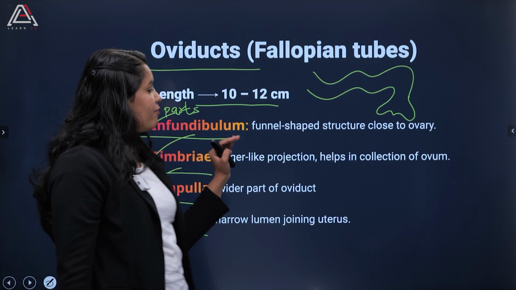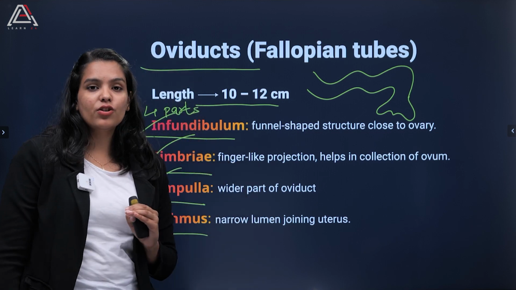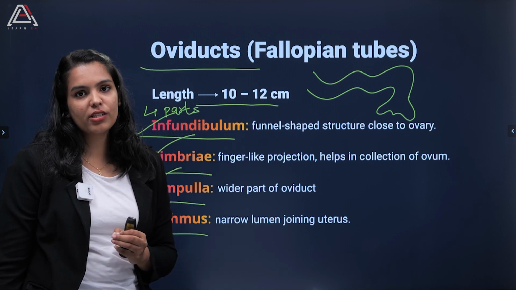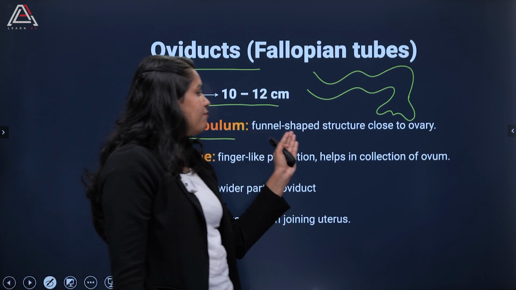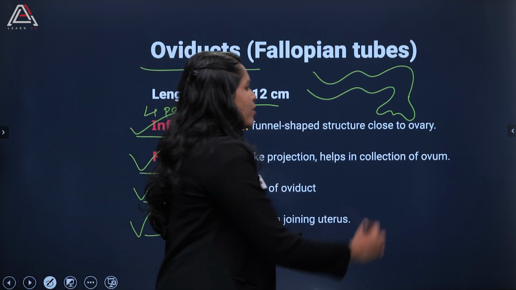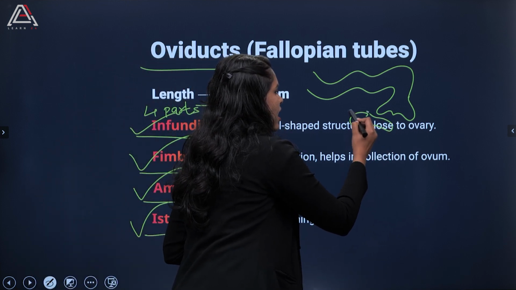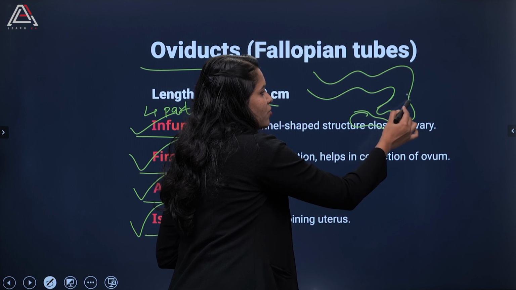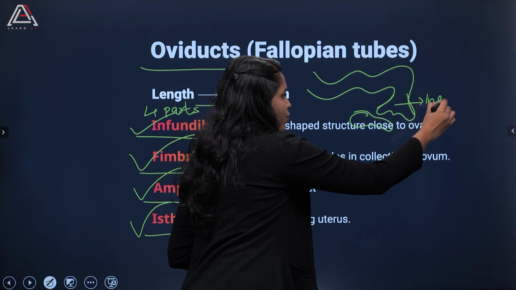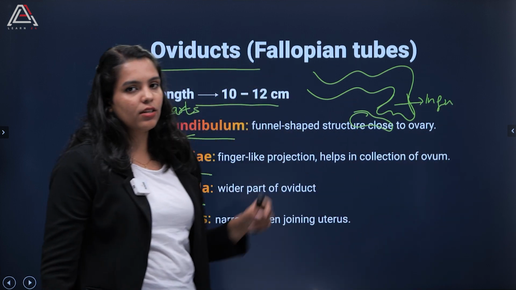Talking about the infundibulum, by the definition itself you can get an idea of where this structure is. It is a funnel-shaped structure close to the ovary. Here the ovary will be present, and this funnel-shaped structure is the infundibulum.